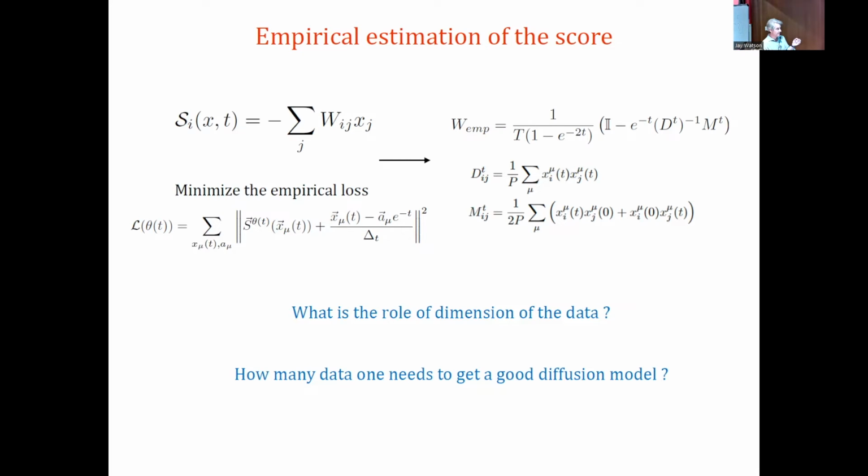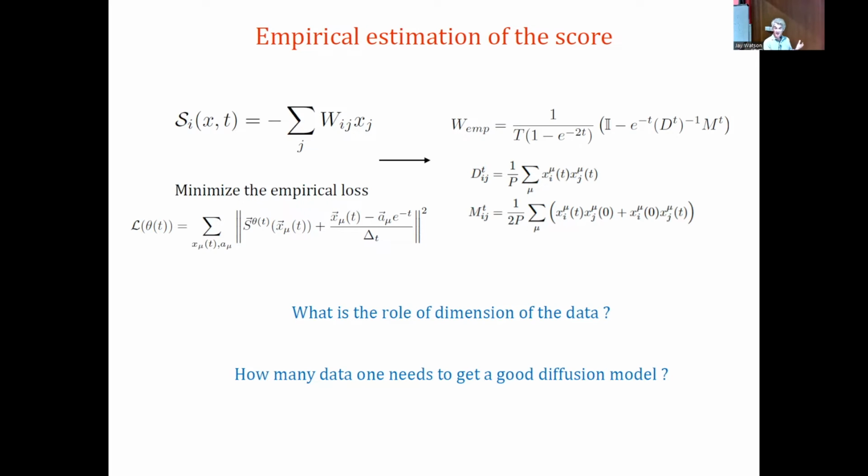This is nothing else than the empirical covariance at time t of the Langevin process. And then M is similar, it's a memory matrix. If you get D and M, you put them here, and this is your empirical estimation of W.